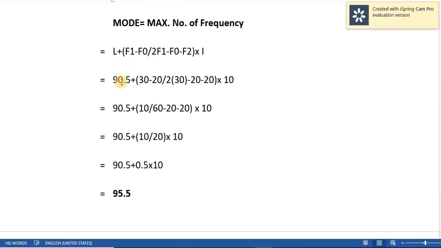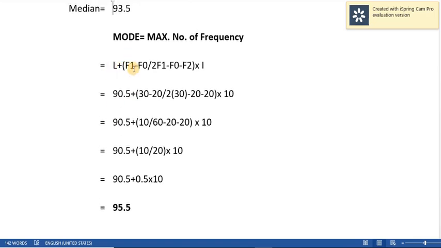Here, 90.5 is the lower limit of the modal class interval, F1 value is 30, F naught value is 20, divided by 2 into F1 which is 30, minus F naught 20, minus F2 also 20, into 10. 10 is the class interval.